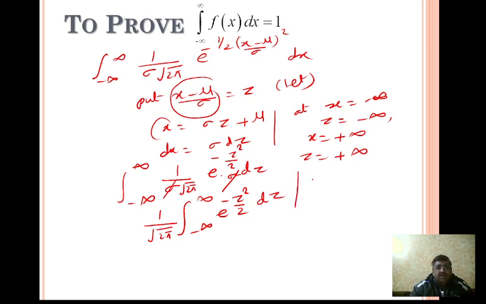So let's think about another substitution, that is put z square by 2 equals to, say, capital T, right? So if we are putting z square by 2 equals capital T, can you imagine what will be the value of z? So z square equals 2t. In that way you will find z equals square root of 2t, right?